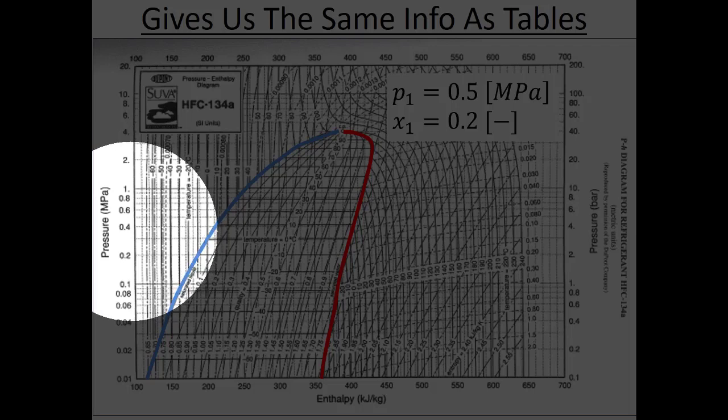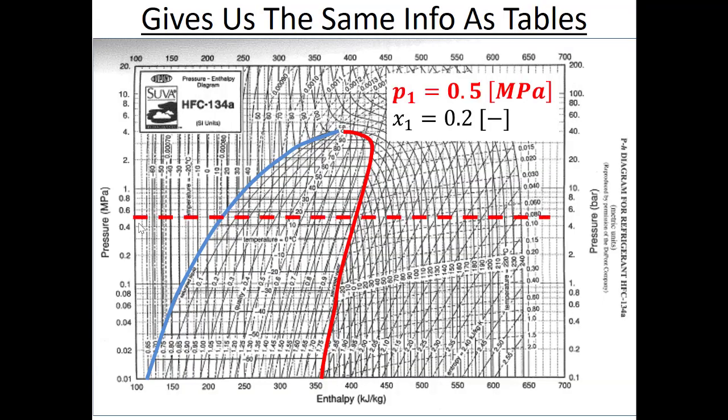Here is 0.4, there's 0.6, but I see I have these dashed lines in between. Here it's not halfway in between because this is a log scale. It's a little closer to the 0.6 than the 0.4. But I can see my constant pressure line is going to be at 0.5 megapascals.